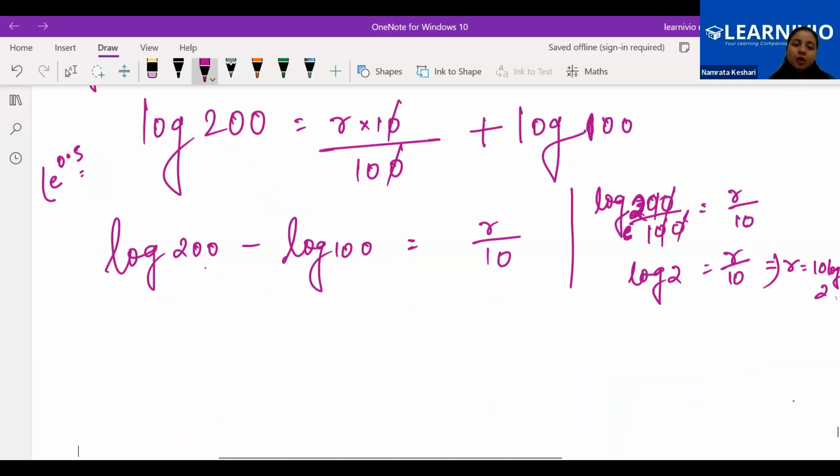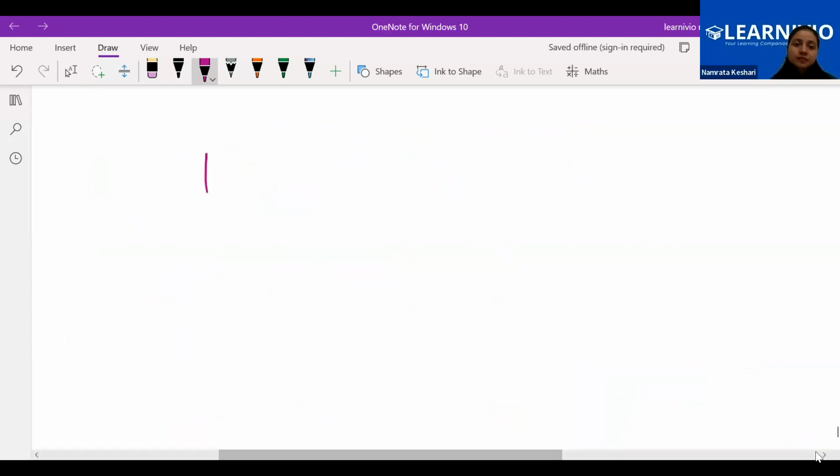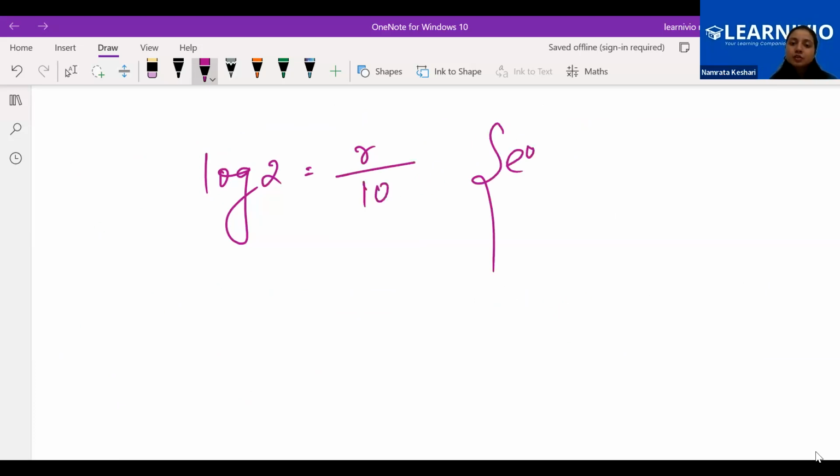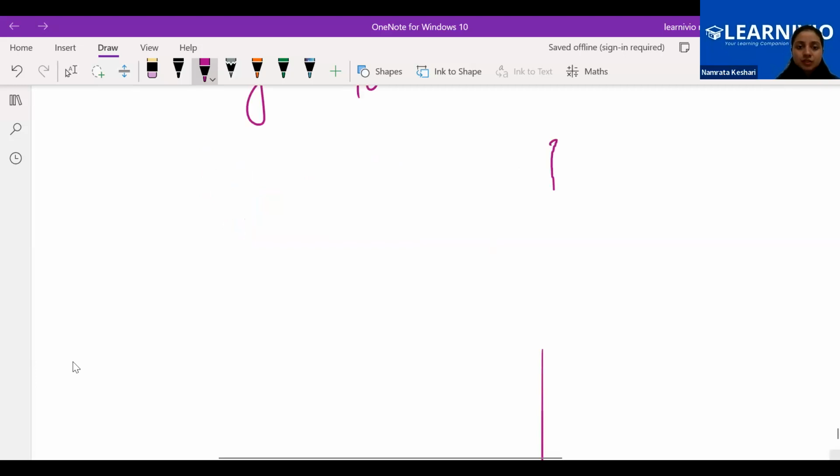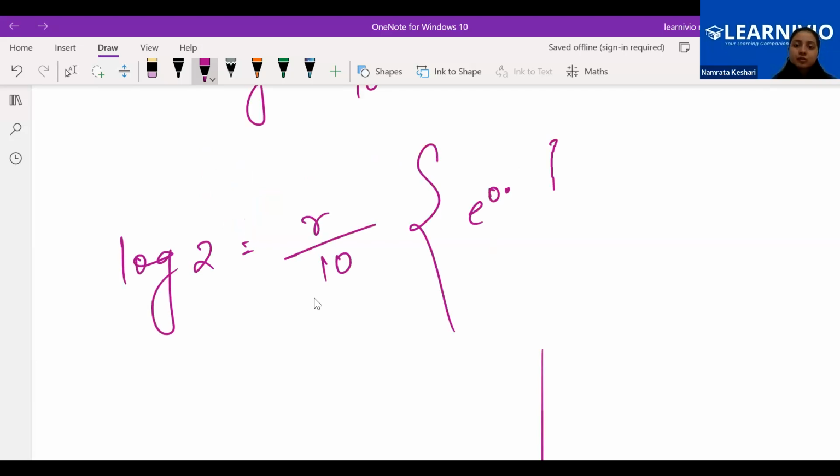We are having log 2 is equal to r by 10. Okay. Can we write it like this? And it is given as e to the power 0.5. It is given that e to the power 0.5 is what? 1.648.